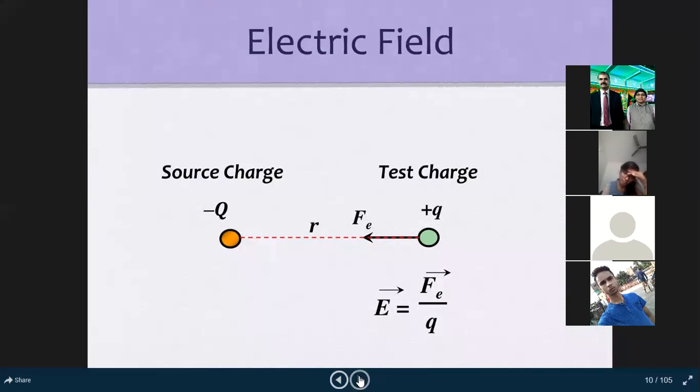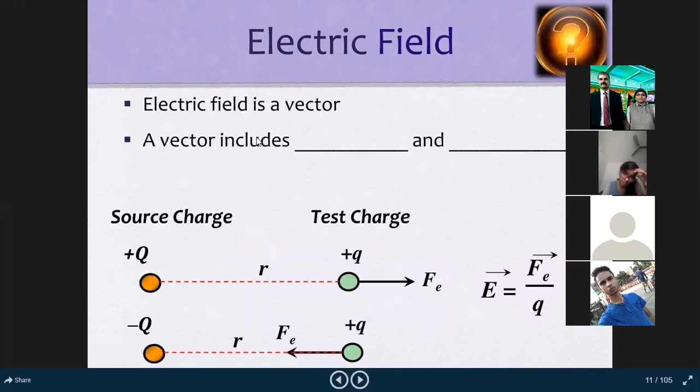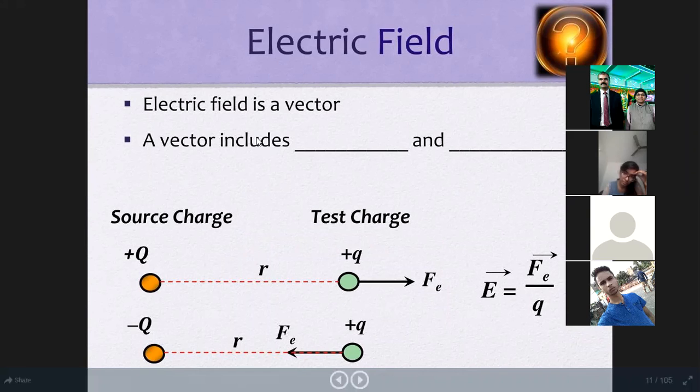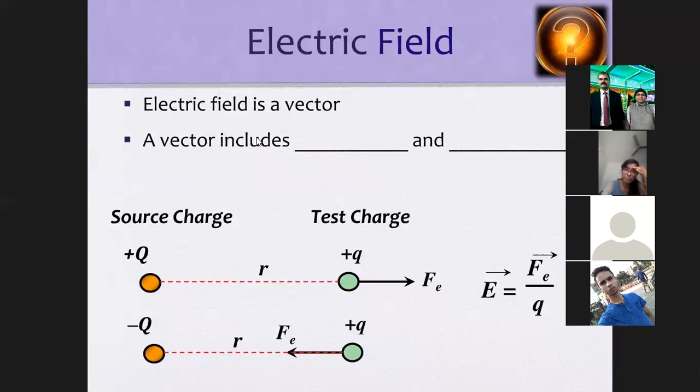Now try to understand. So far we have learned the formula of the electric field and its definition. Now we have to inquire whether the electric field is a vector quantity or a scalar quantity.